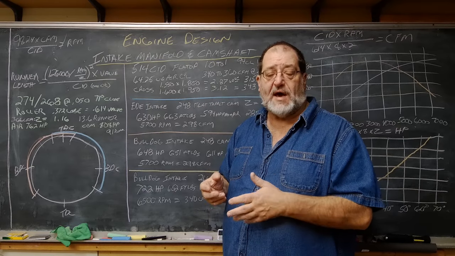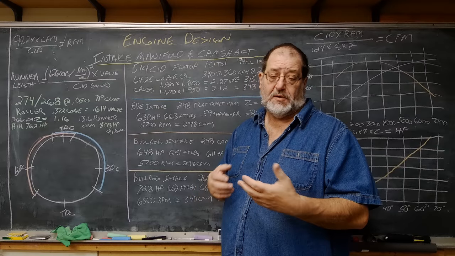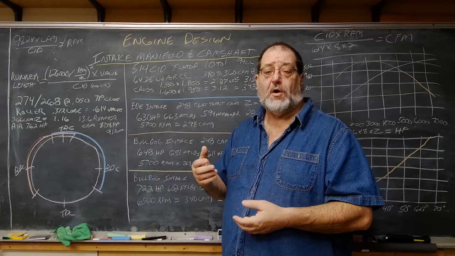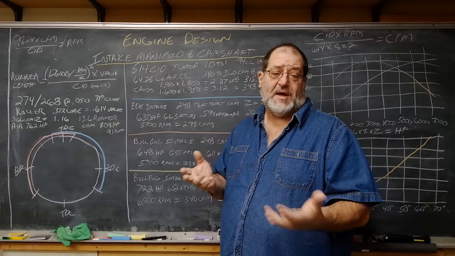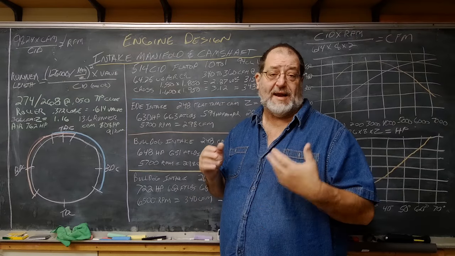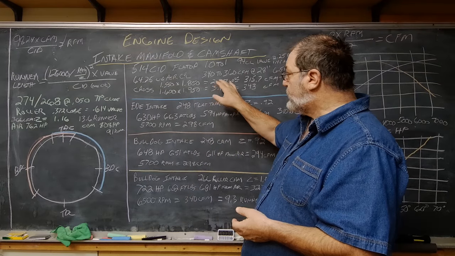Not a lot. There's not a lot of material in the casting. To truly go crazy, we'd either have to change the casting or weld it up and take out material. But in this case, we're just going to talk an as-cast head. So 2.87 square inches at the minimum cross-sectional area. And that's going to be my limiting factor.